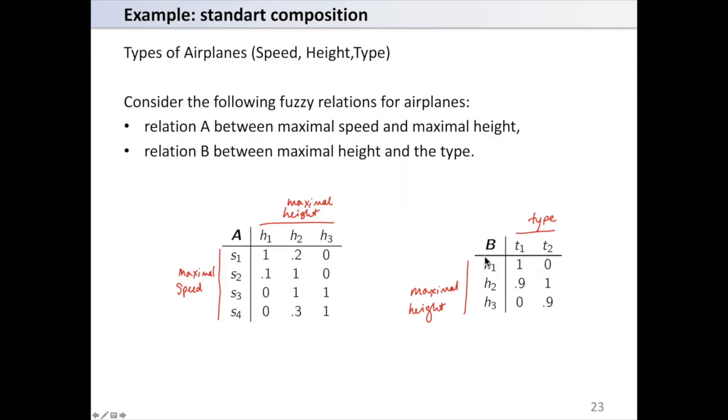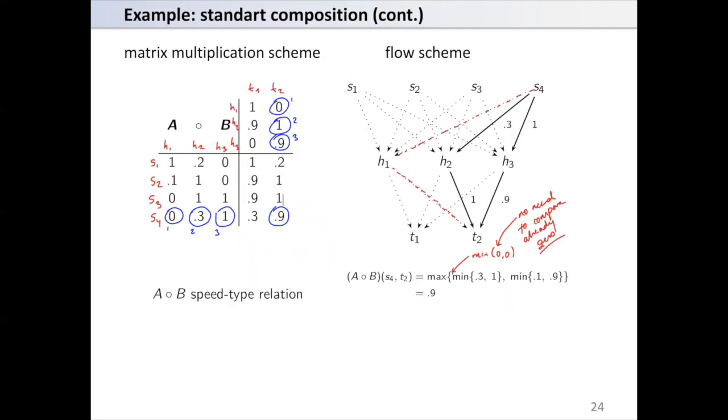And this is the relation between maximum height and airplane type. Again, we have some values between 0 and 1. Now, we are going to find the composition of A and B, the speed-type relation.